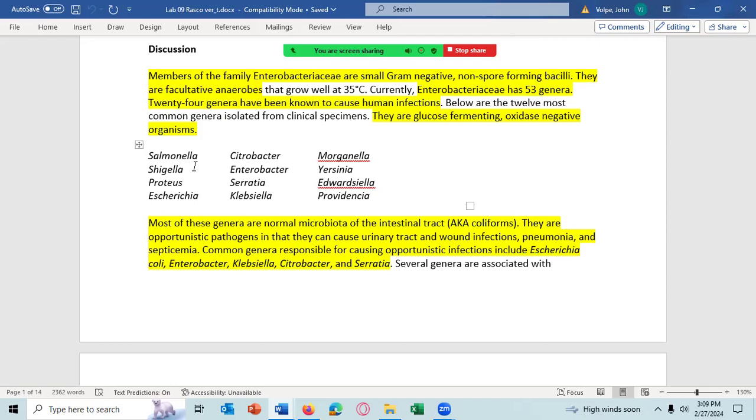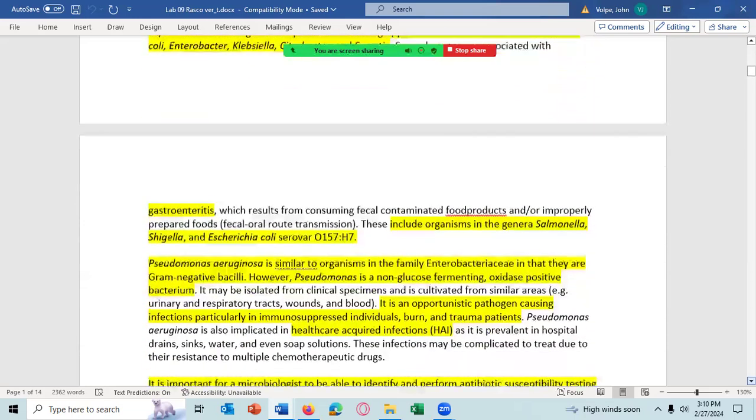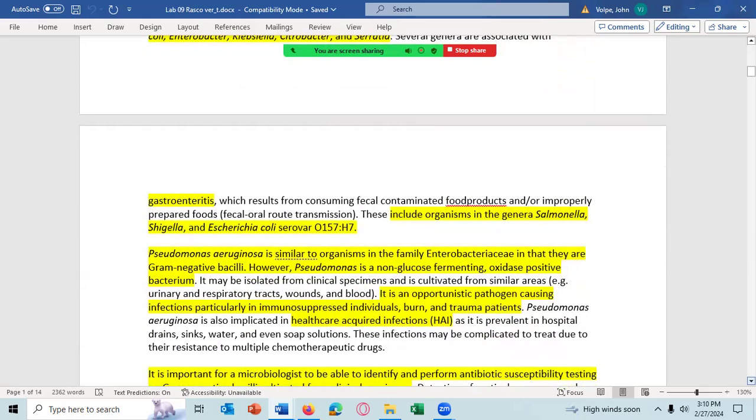Common opportunistic infections in humans include members of Escherichia, that genus, especially Escherichia coli, E. coli, Enterobacter, Klebsiella, Citrobacter, and Serratia. Several genera are frankly human pathogens, and they're associated with gastroenteritis.